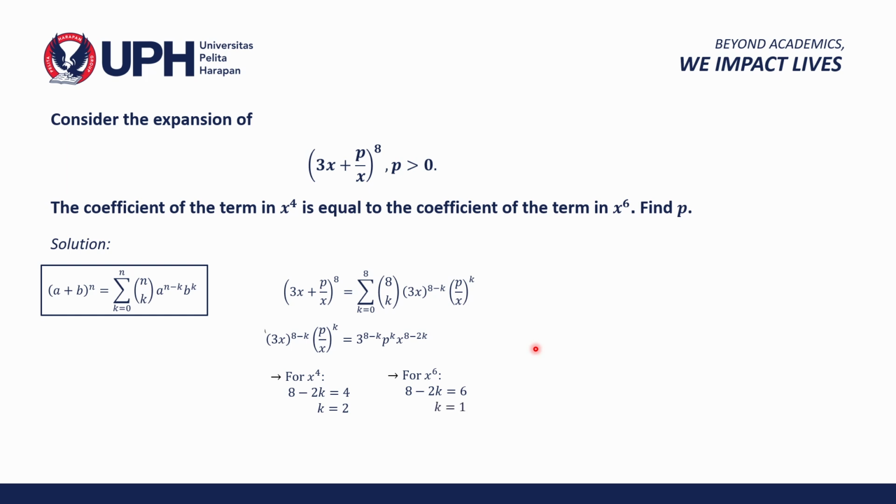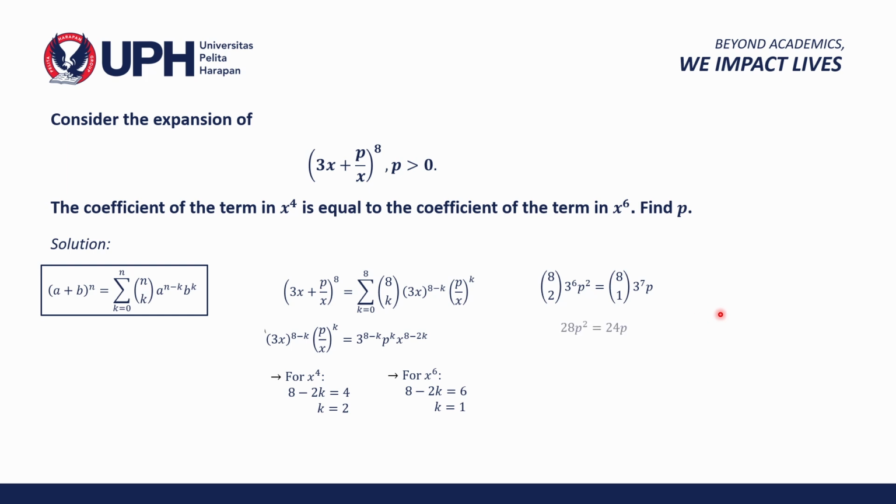Then we get k equals 1. We then equate these two coefficients. This gives 8 choose 2 times 3 to the power of 6 times p squared equals 8 choose 1 times 3 to the power of 7 times p.